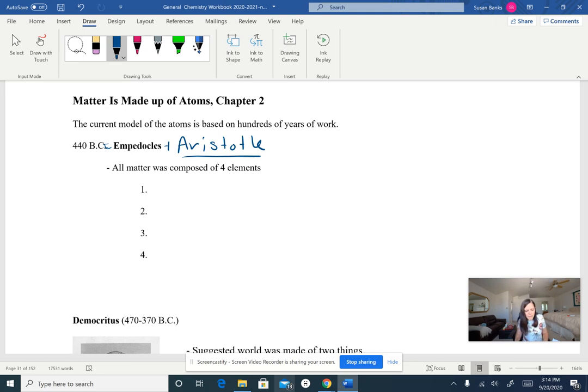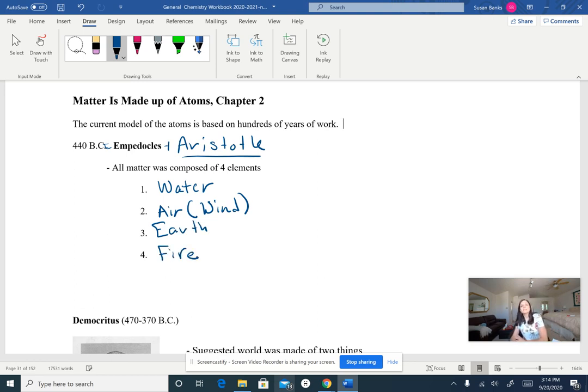Okay, so Empedocles, and later stolen by Aristotle, thought that matter was made up of just 4 elements. And those 4 elements are water, air, sometimes it's known as wind, earth, and fire.